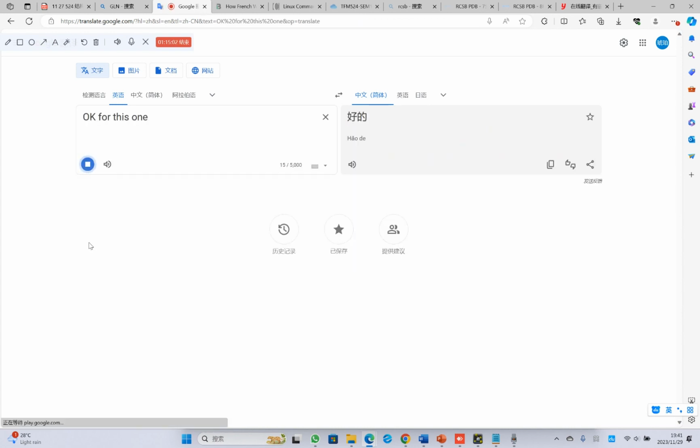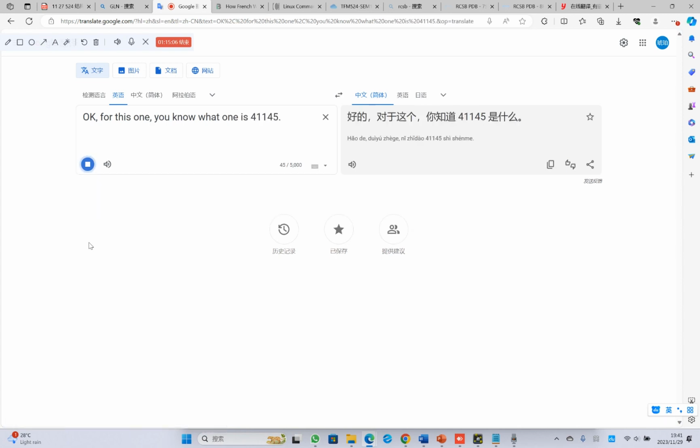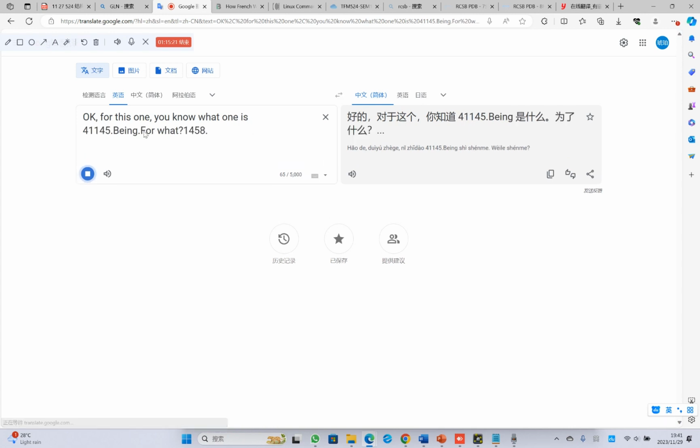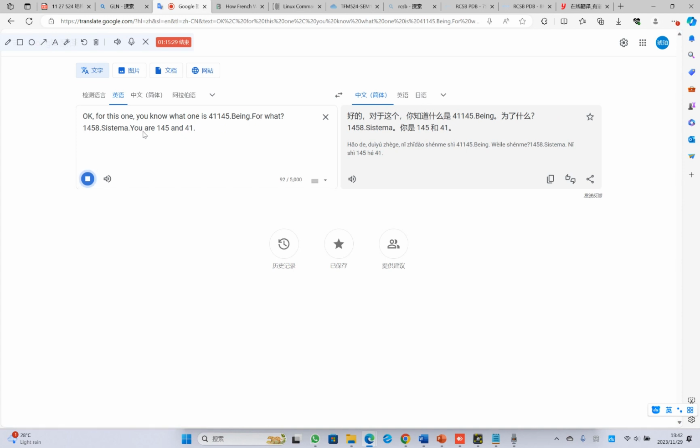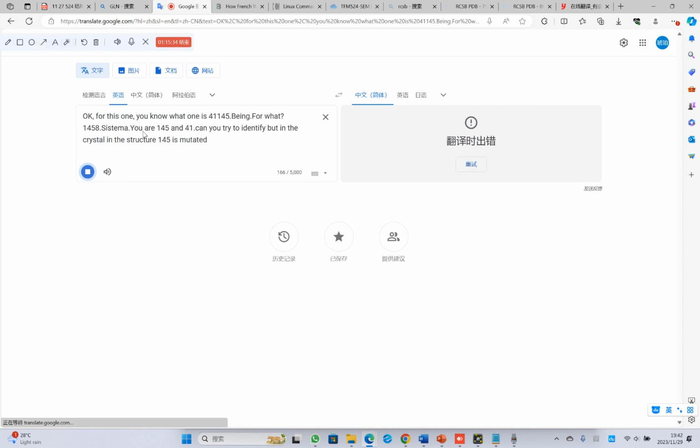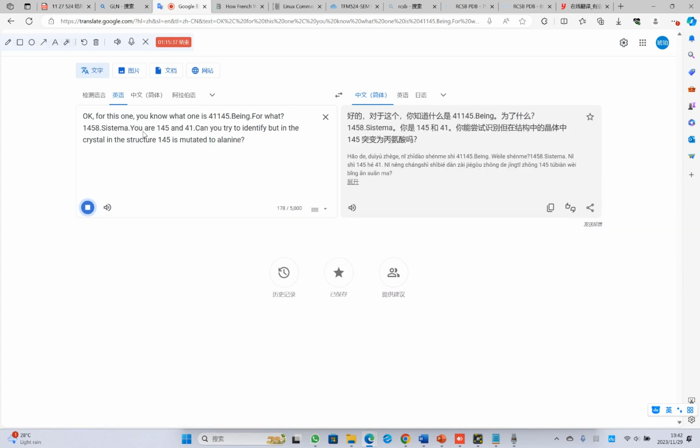For this one, you know it is 41 and 145. We want 145 and 41. Then you try to identify it, but in the crystal structure, 145 is mutated to alanine. It's alanine.